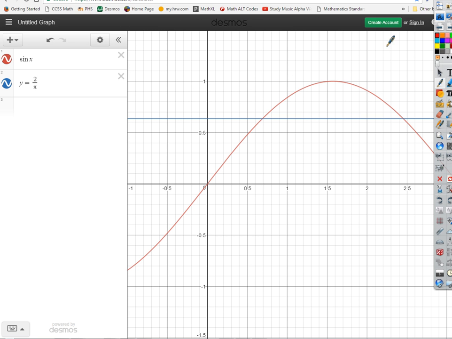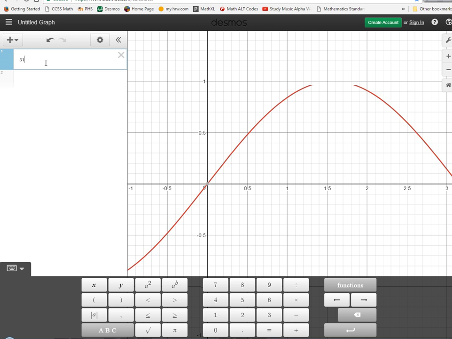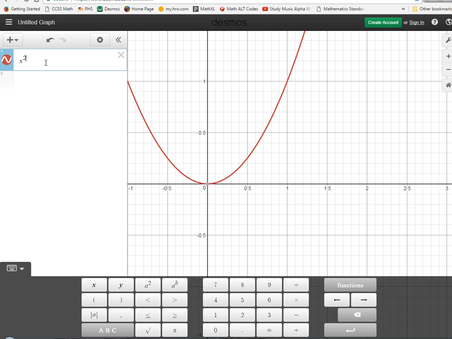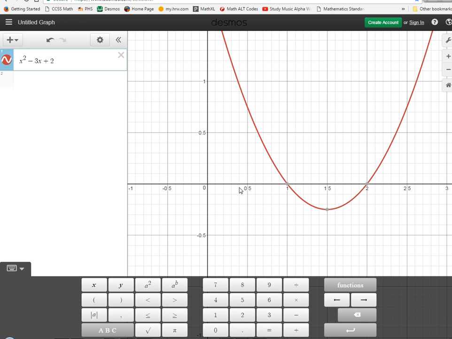I think I can do this using Desmos also. I haven't done as much with Desmos as I would like to have. So we got x squared minus 3x plus 2. Okay, good. And let's do some stuff with that. I think there's some things I can do with that. See, here's where I don't really know how to do some stuff with Desmos that I'd like to be able to know how to do, like the area.